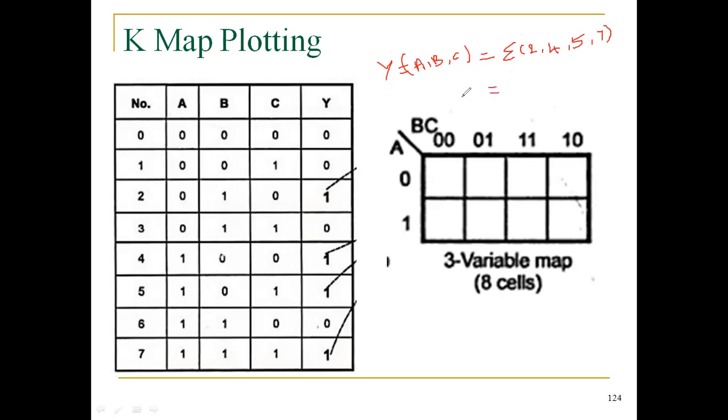Or sometimes the representation is by using min terms, small m2, small m4, small m5, and small m7. All are the same thing. So this is the min term representation.